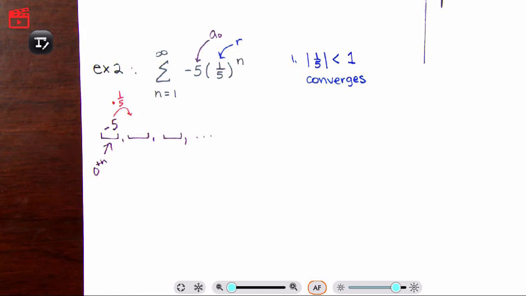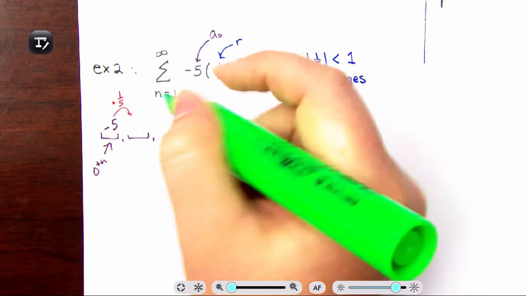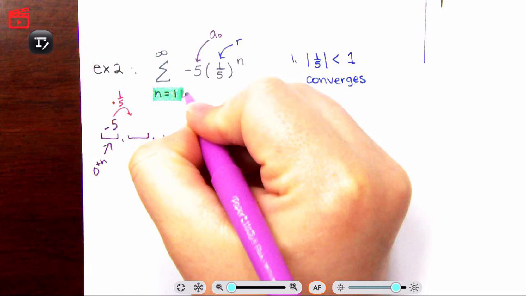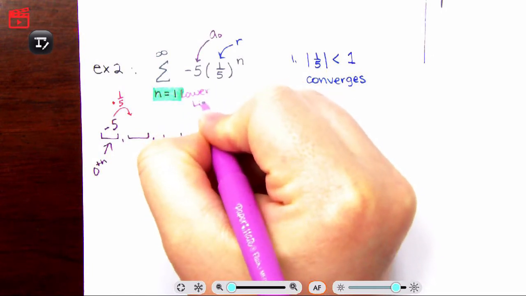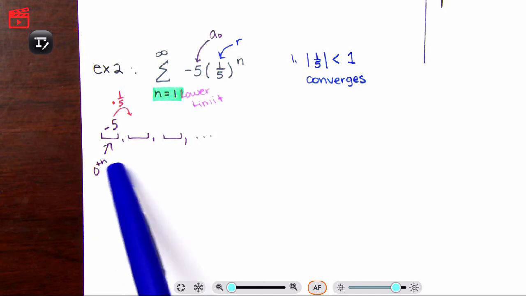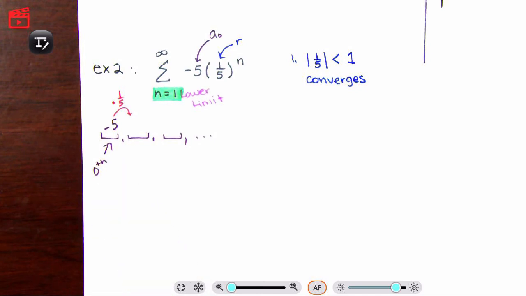So that means, super important, you guys, with the lower limit of 1, so this is our lower limit, the a sub naught, or the number in the 0th position, is excluded.